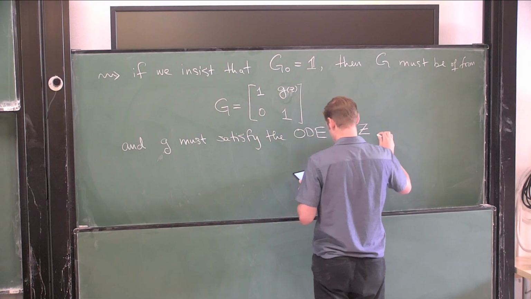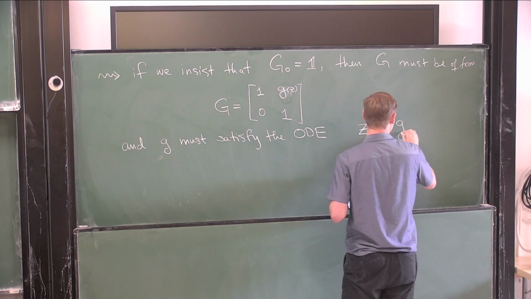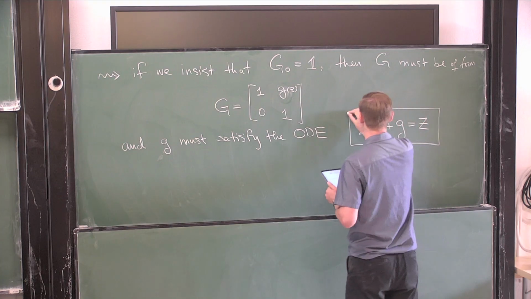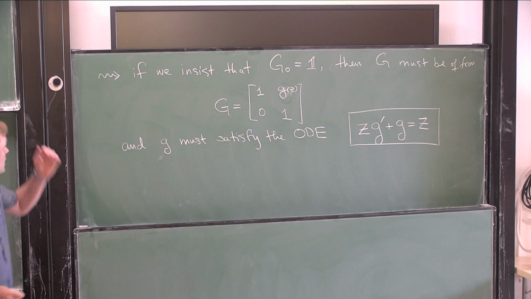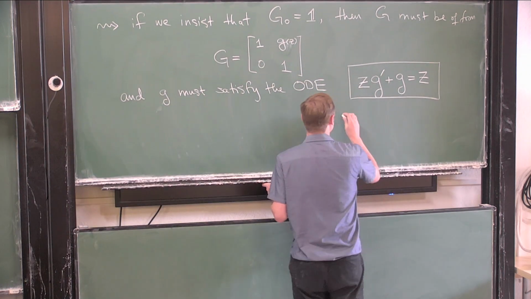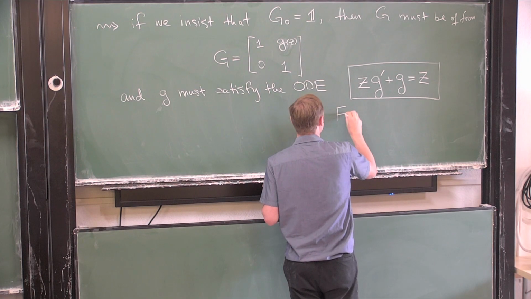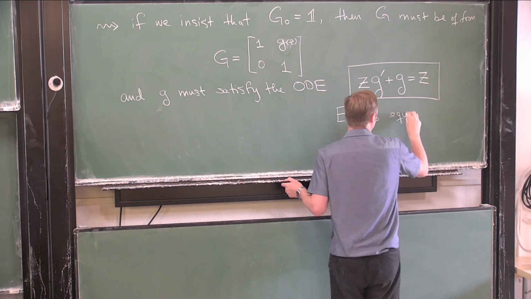It's Z squared G prime plus G is equal to Z. So this is kind of a famous equation. It even has a name, or at least I call it that, and some people call it that. It's called Euler's equation.